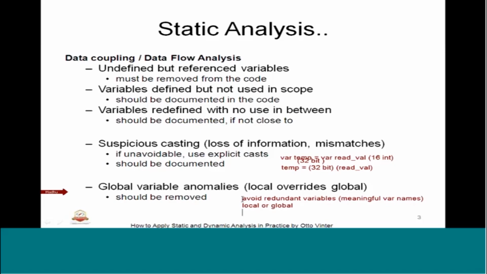So these things can definitely be brought out while doing this static analysis, saying that there is an anomaly between global versus local in terms of its usage and assignment or parameter passing, etc. So all this can be brought out doing the static analysis.